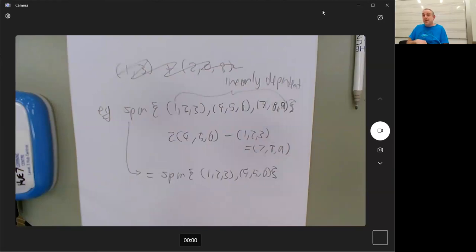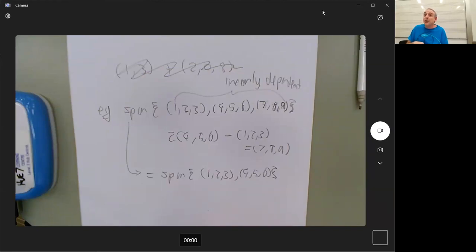Now, I just said the meaning of linearly dependent means that one of them is a combination of some of the others. But that's not the definition of linearly dependent. The reason it's not the definition is because if you had to show that things were linearly independent, you would have to show that none of them is a linear combination of any of the others.